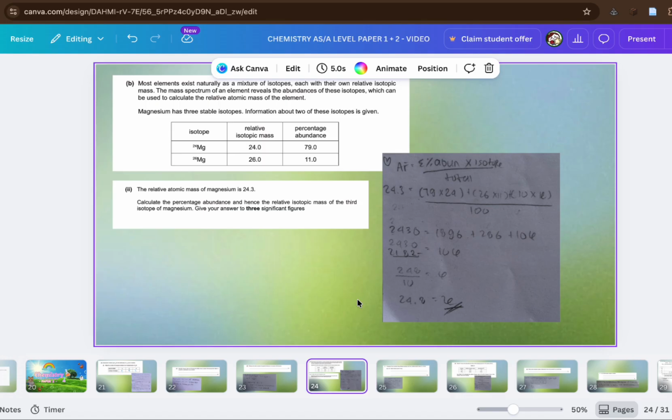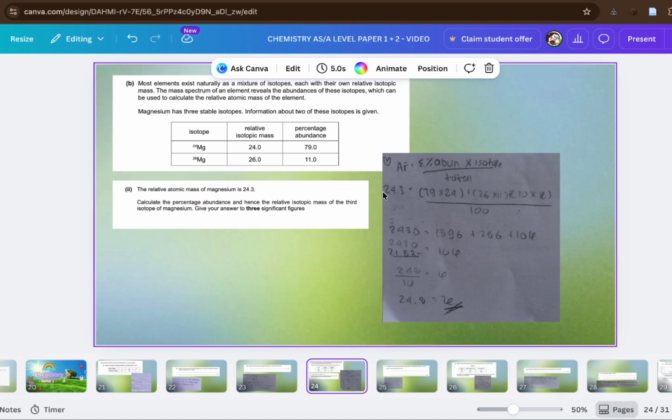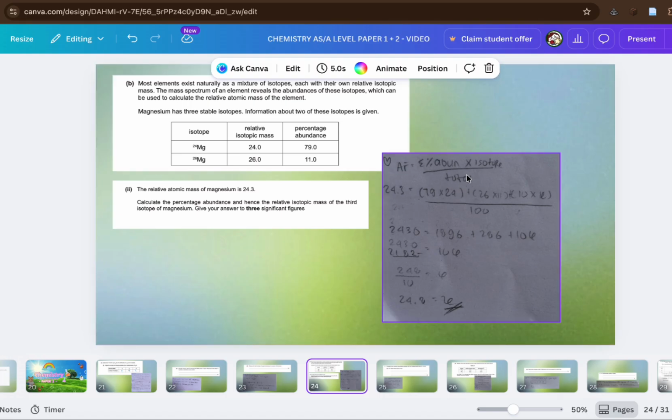So you're told to find the isotopic mass and the percentage abundance of the third isotope. First of all, we know that the total abundance is 100%. So 100 minus 79 minus 11 leaves 10, which means that this third isotope of magnesium has an abundance of 10%. Now we input into the relative atomic mass equation.